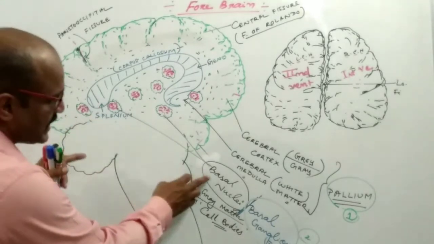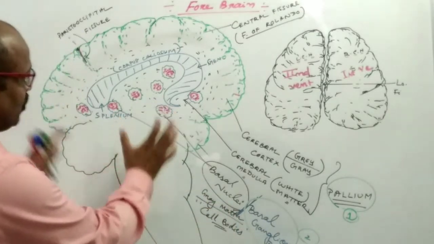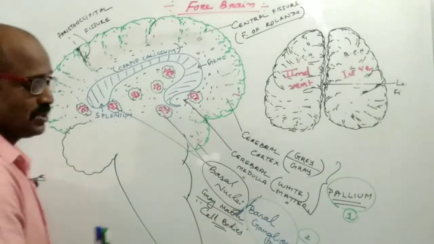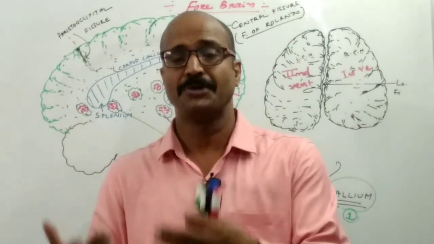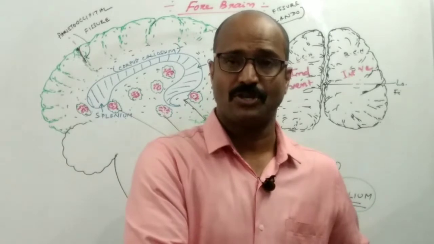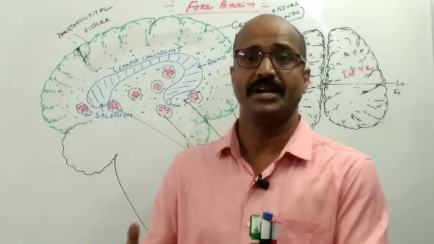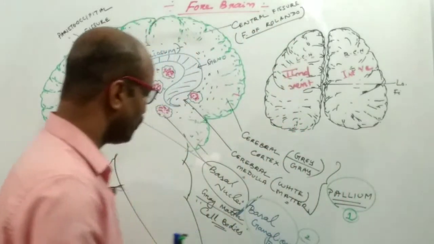So these basal nuclei or basal ganglion actually control the different motor senses of our body, and they also control different reflexes of our body.